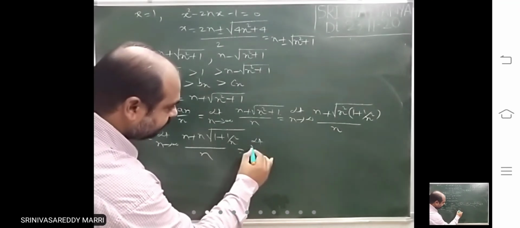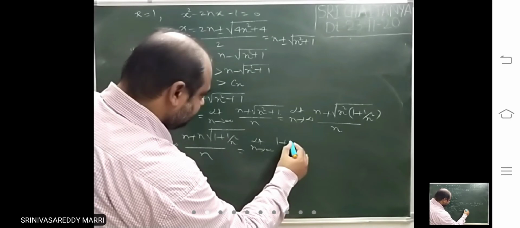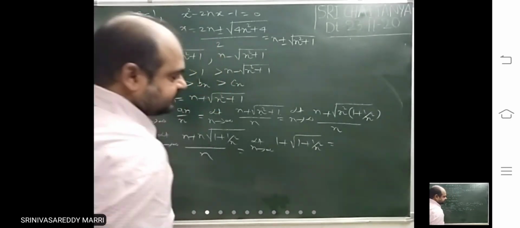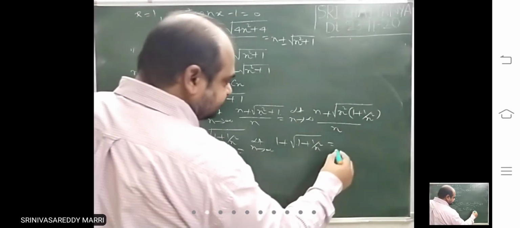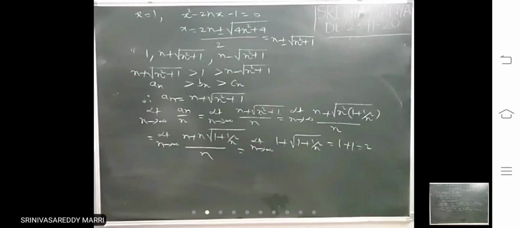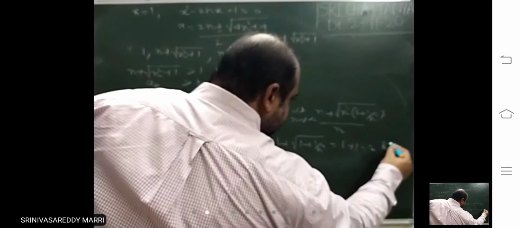Strike off n, you will get 1 plus root of 1 plus 1 by n square. So this is nothing but 1 plus 1 plus 0, so 1 plus 1, that is 2. So that is given B. So this B option is correct.